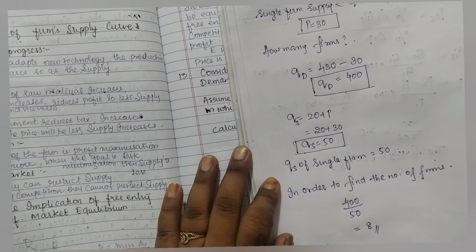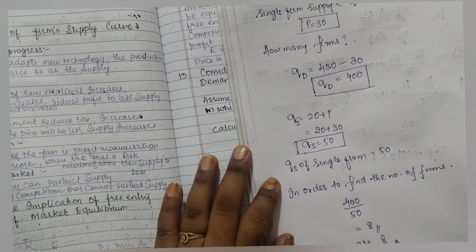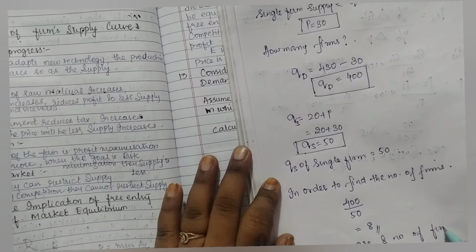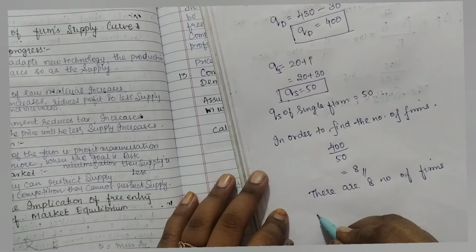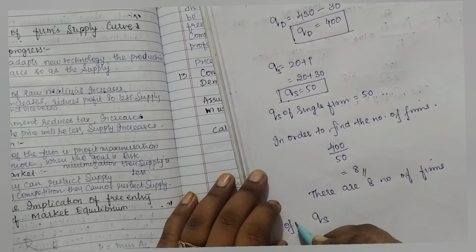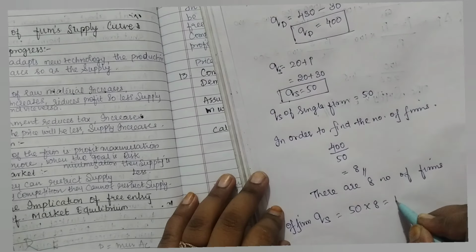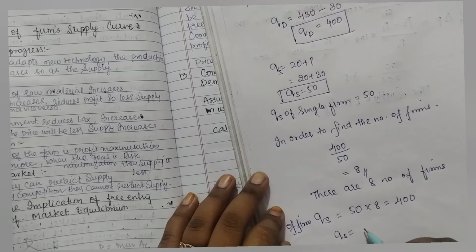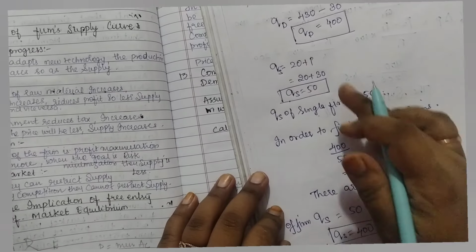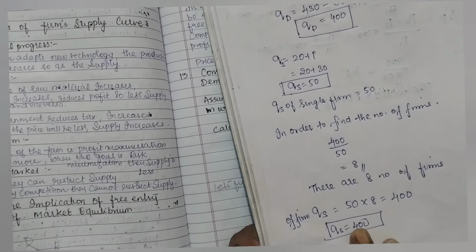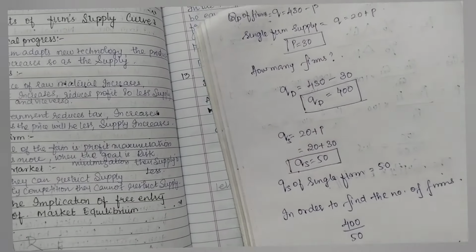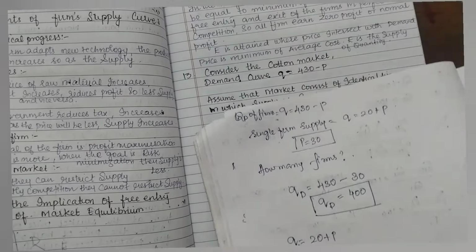It means there are 8 firms. And you can also find the quantity supplied by all firms, which is QS equal to 50 into 8, equal to 400. So QS is equal to 400. Because QD is also 400, QS is also 400. Our answer is correct. It means there are 8 firms.